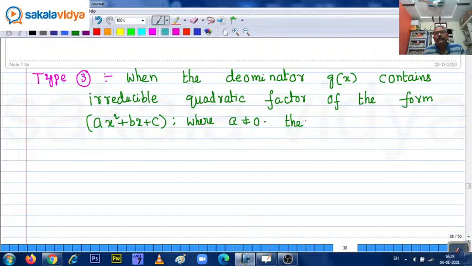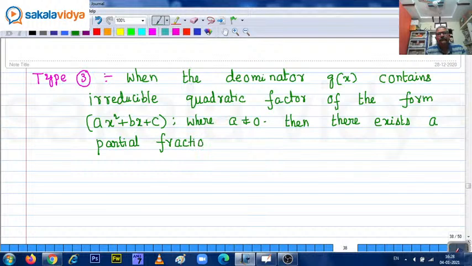Then there exists a partial fraction of the form ax plus b, a linear polynomial, upon ax square plus bx plus c.